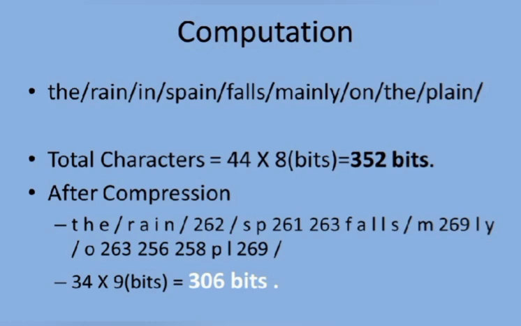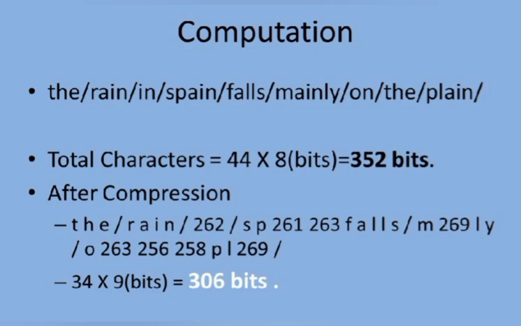The answer is that since we have new values at position 256 onwards, then naturally we cannot represent those values with 8 bits. In 8 bits, if we turn every bit on or 1, the value is 255 maximum. So how can we represent a value 262, 263 or even 256?